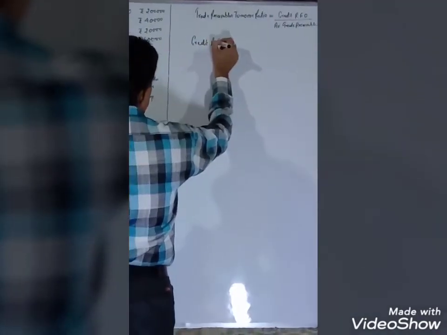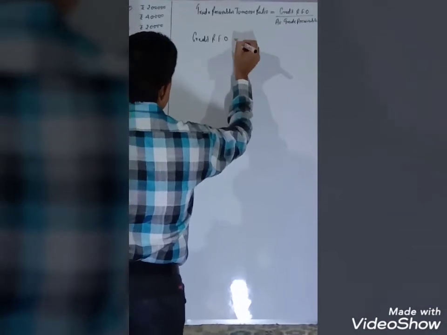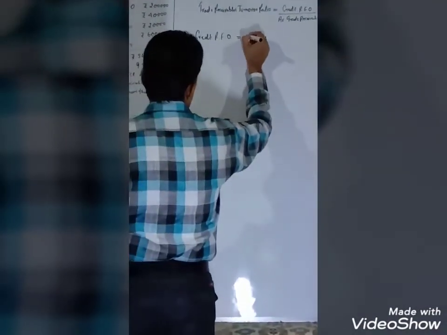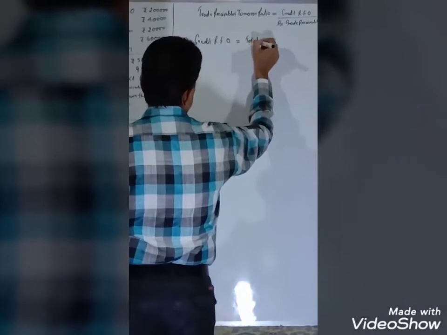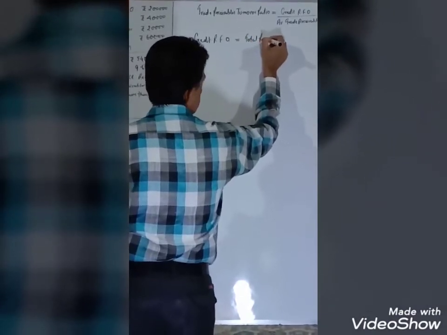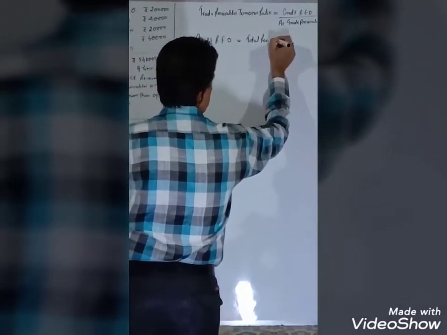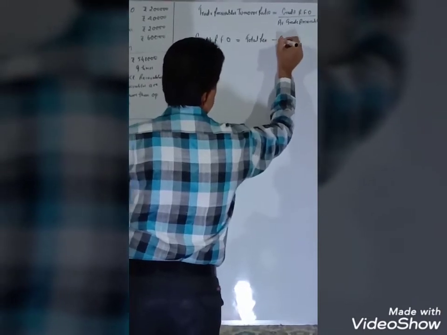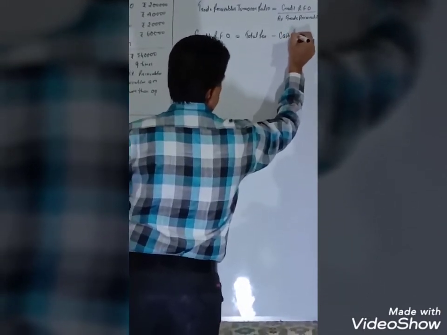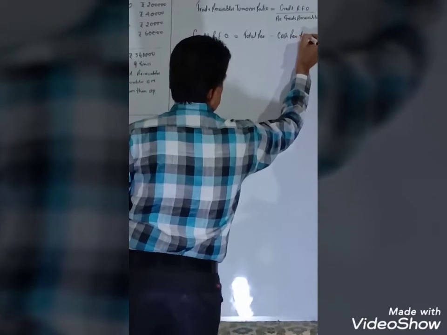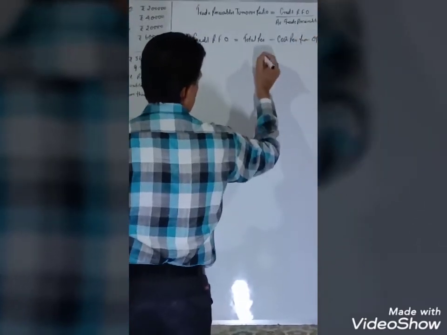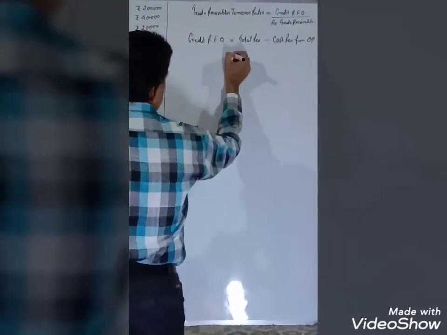Credit revenue from operations is total revenue minus cash revenue from operations.